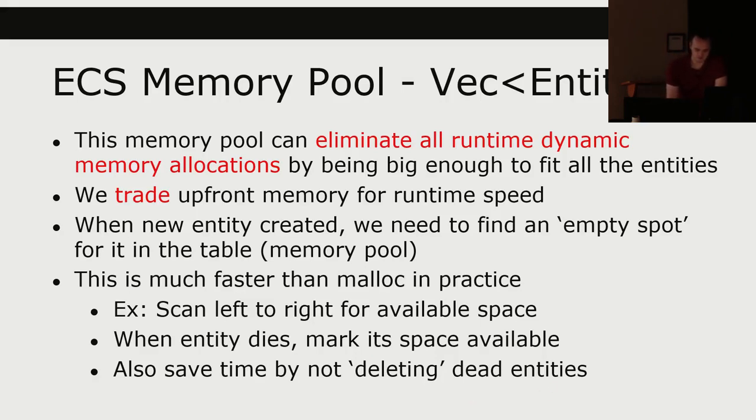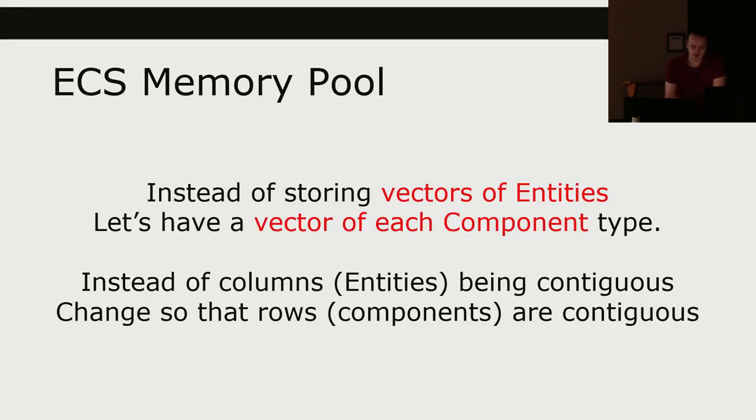But look at this. Instead of storing vectors of entities, let's instead have a vector of each component type. So instead of having a vector of entities, you have multiple vectors for each component. Instead of the columns being contiguous, we're going to change it so that the rows are contiguous.